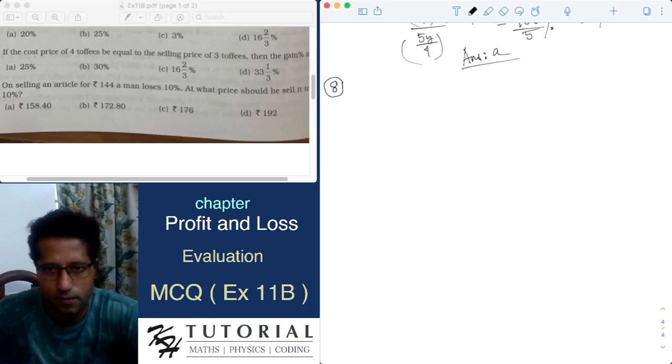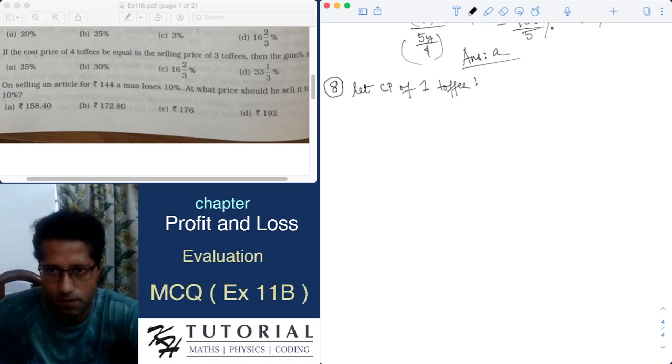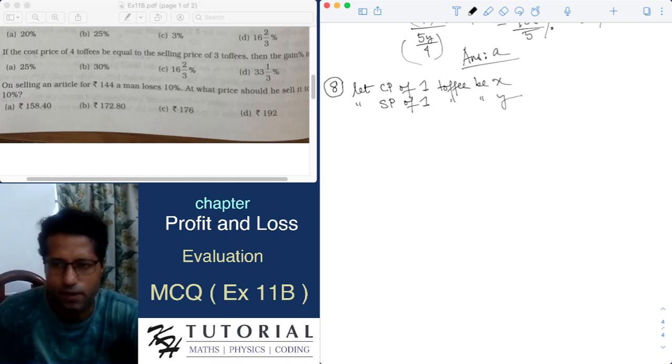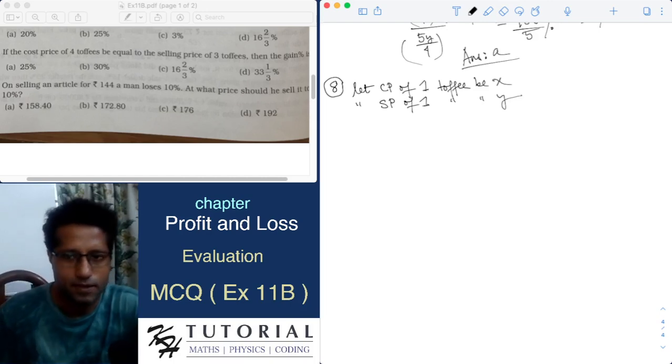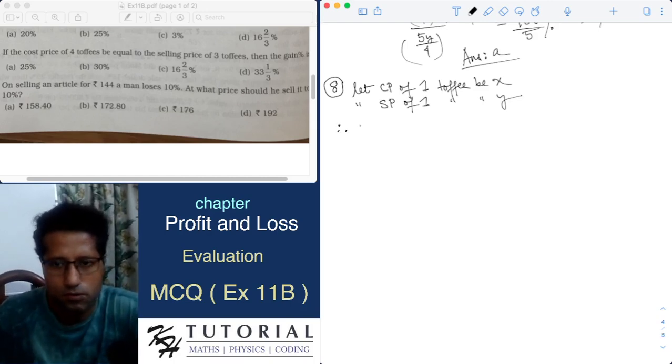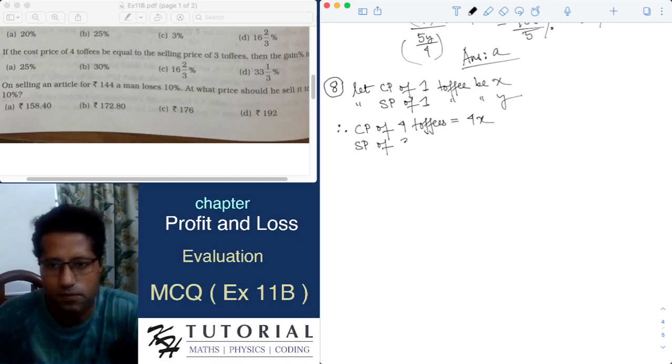So let cost price of 1 toffee be X, let selling price of 1 toffee be Y. Therefore, cost price of 4 toffees equals 4x, and selling price of 3 toffees is equal to 3y.